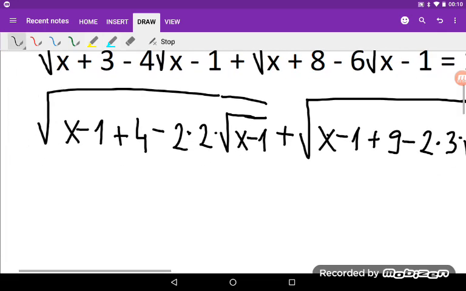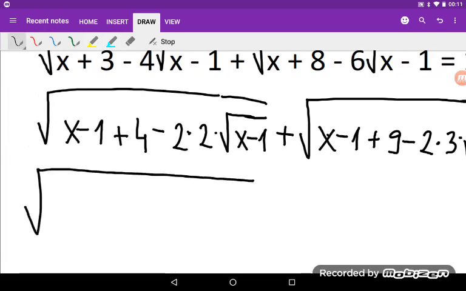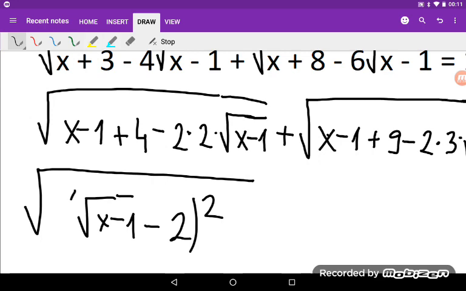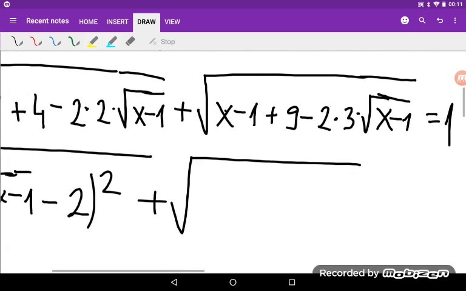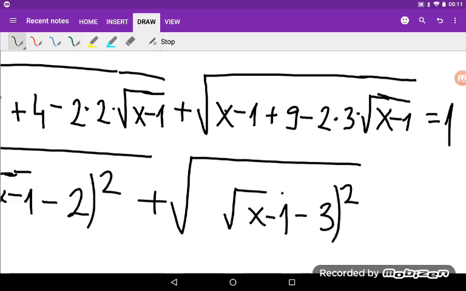So now you can see that this expression under the square root is actually a perfect square. It will be the square root of x minus 1 minus 2, squared. And for the second square root, it will be the square root of x minus 1 minus 3, squared, and that's equal to 1.